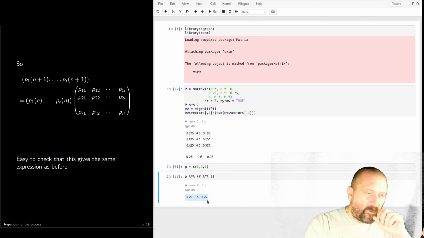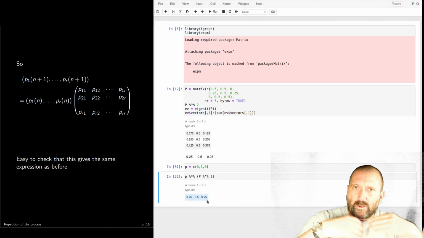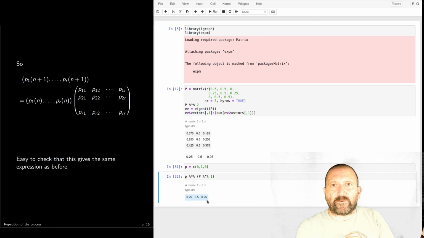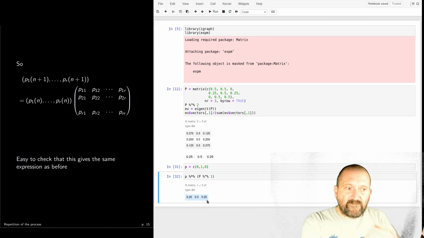But that doesn't mean that I'm necessarily staying there, okay? Again, I can repeat the same process and say, well, if that individual that I've picked has probability 1/2 of being hybrid and a probability 1/4 of being either dominant or recessive, then this is what could happen next time.